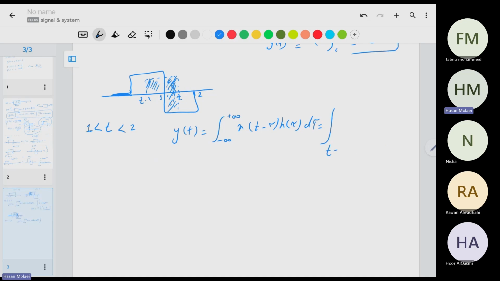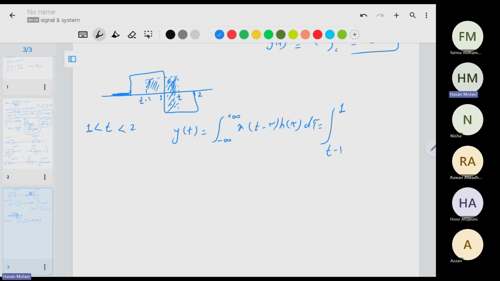From t minus 1 to 1, how much is x(tau)? 1. And how much is h? 1, d tau. Plus from 1 to t, it should be 1 multiplied by h(tau), which is minus 1 d tau.